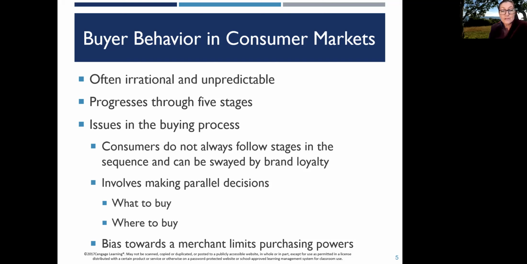So there's issues in the buying process that consumers do not always follow these 5 steps that are recognized in the research, and they can be swayed, for example, by brand loyalty. The buying process for consumers involves parallel decisions, including what to buy and where to buy.